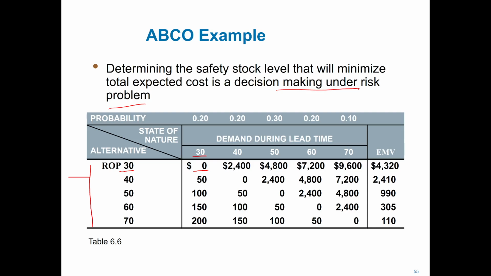Let's say we have kept 30 units and the demand became 40 units. Okay, so then there are 10 units of stock out, right? 10 units of stock out has occurred.